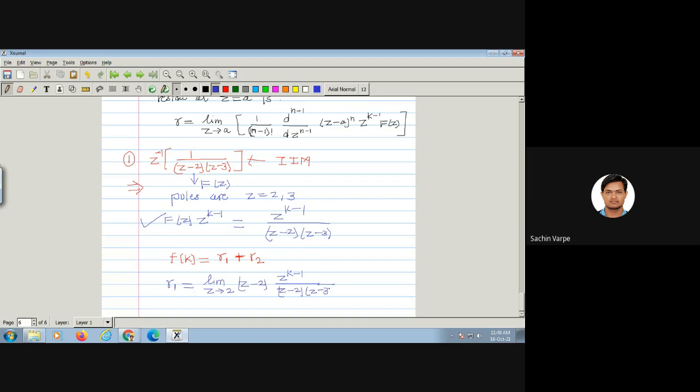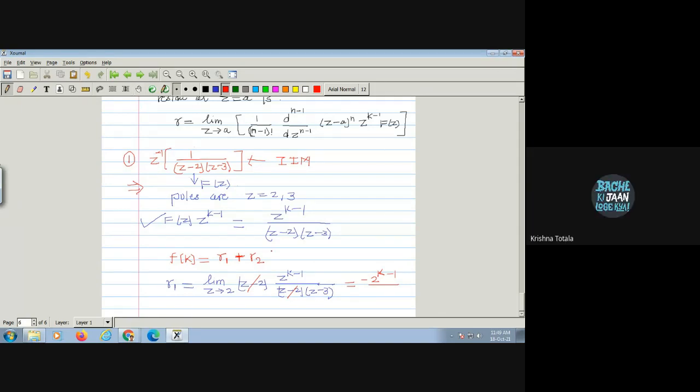So what will the value be? This will get cancelled, right? Z minus 2, Z minus 2. And the value of the limit is 2 raised to k minus 1 upon minus 1, so minus 2 raised to k minus 1. That will be your first residue. Is this okay to everyone?